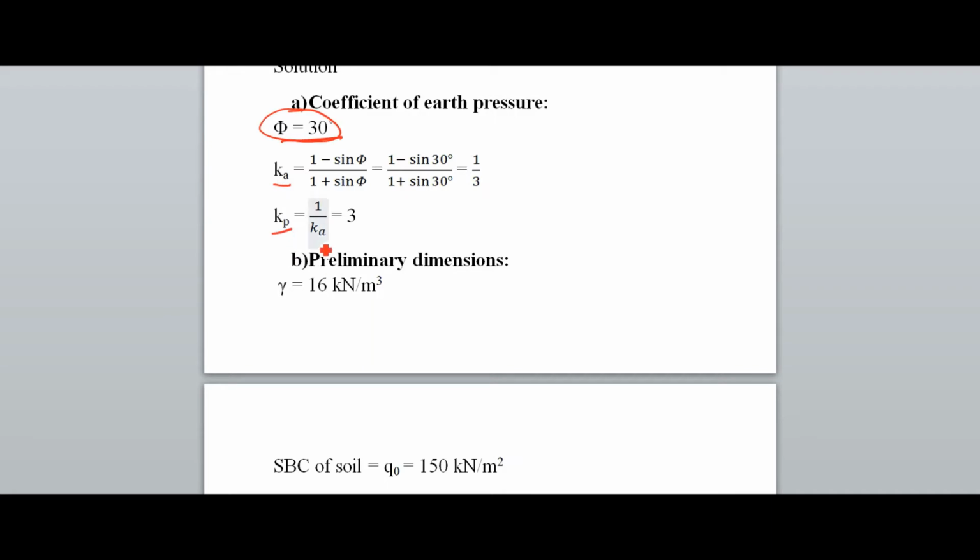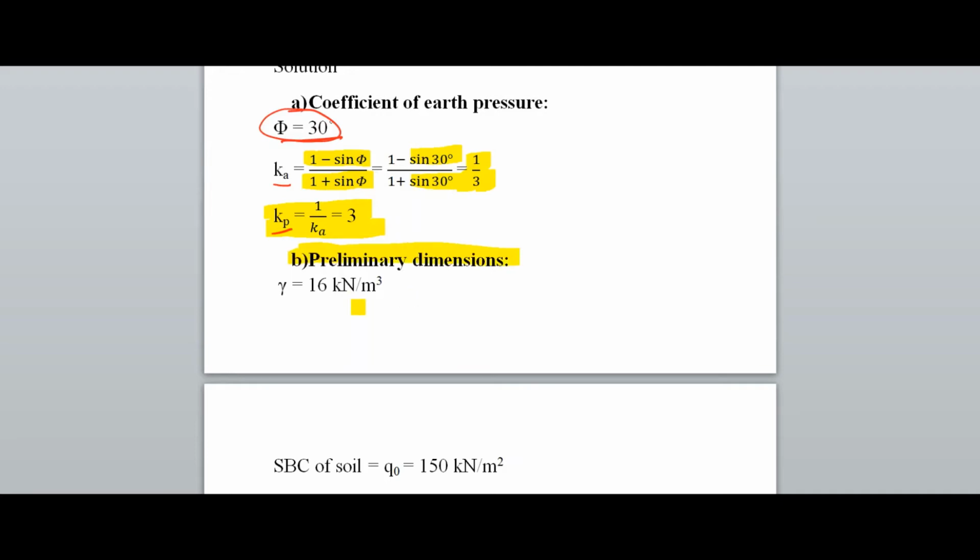Ka is the active earth pressure coefficient and Kp is the passive earth pressure coefficient. The Ka equation is (1 minus sin phi) divided by (1 plus sin phi). Sin 30 gives the value 1 by 3. So Kp is equal to 1 by Ka, so it's 3.